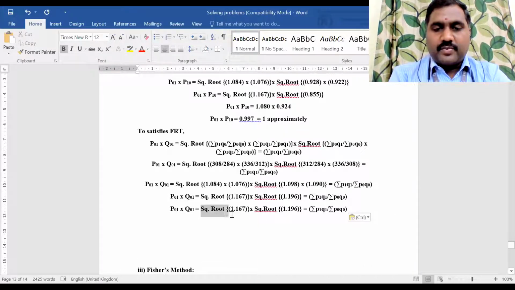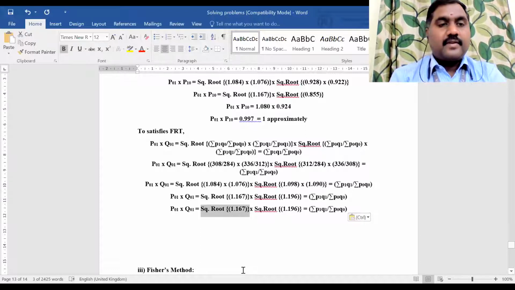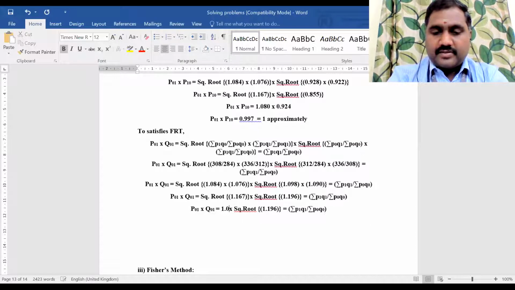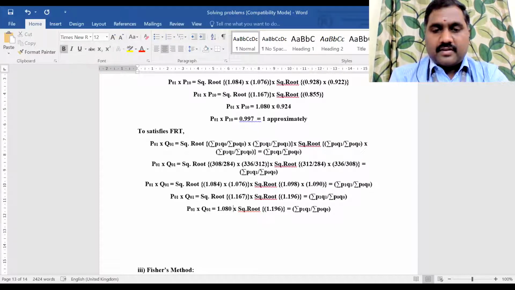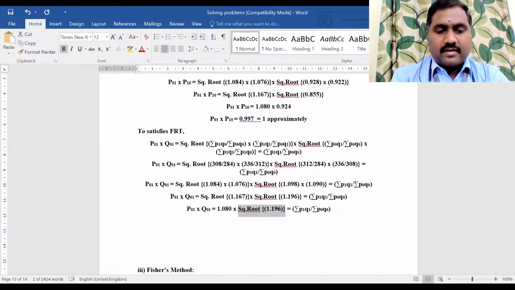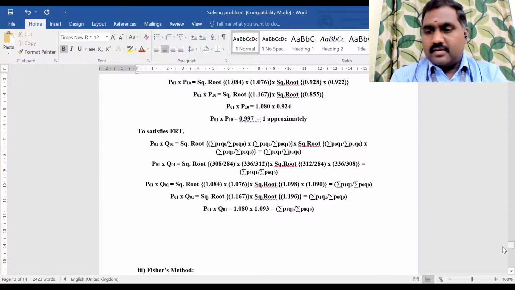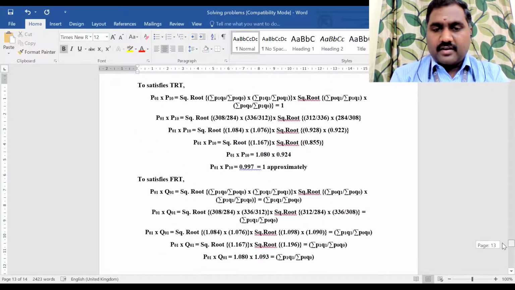Now tell me the square root of 1.167. It is 1.080. Now what is the square root of 1.196? 1.093. Just a minute. We have to get the value in division, right?